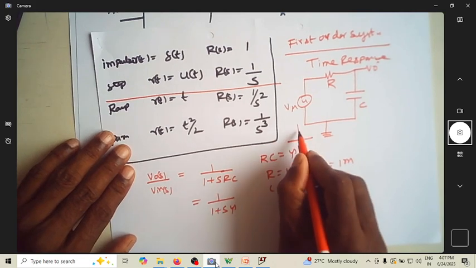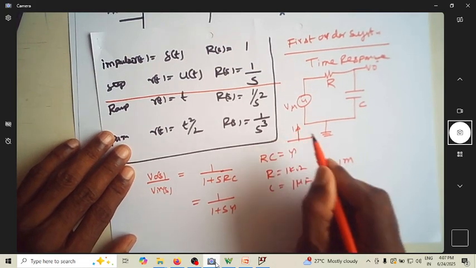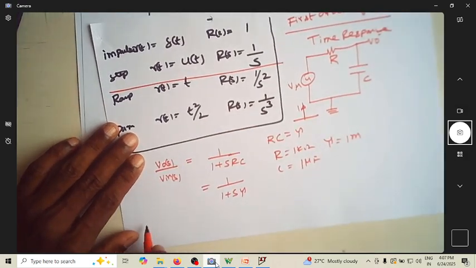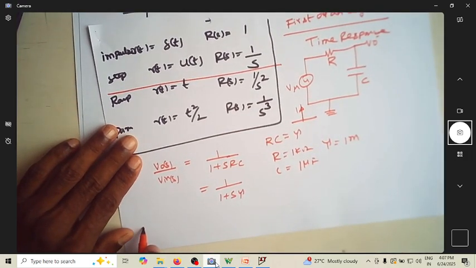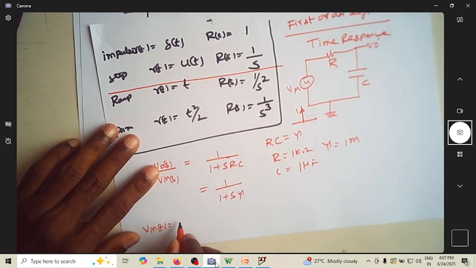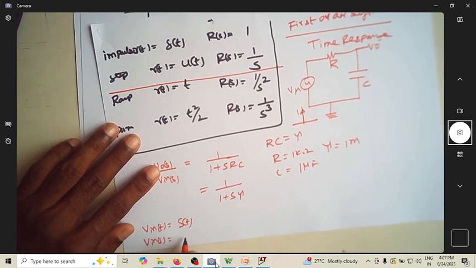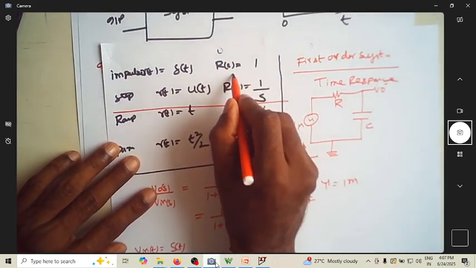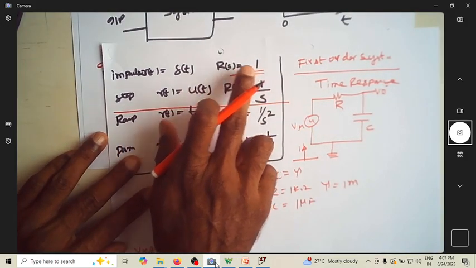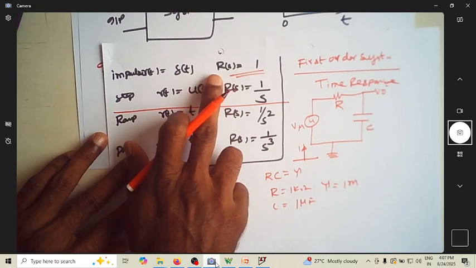Let me take a unit impulse input for this. Then V in(t) is equal to delta(t). Then what is V in(s)? V in(s) is equal to 1. That's what we know here: for the impulse, the Laplace is 1.